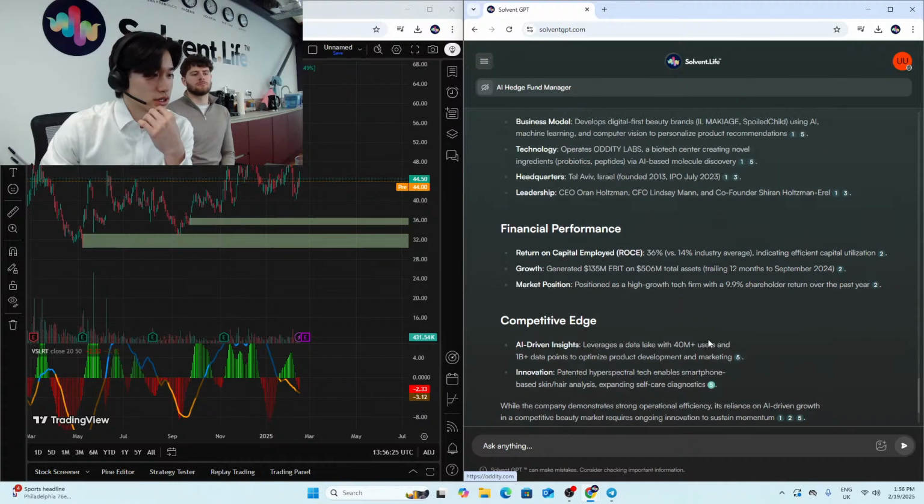So what is it exactly that they're doing? Hyperspectral tech enables smartphone-based skin and hair analysis.